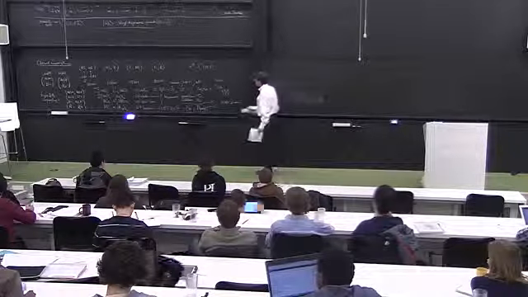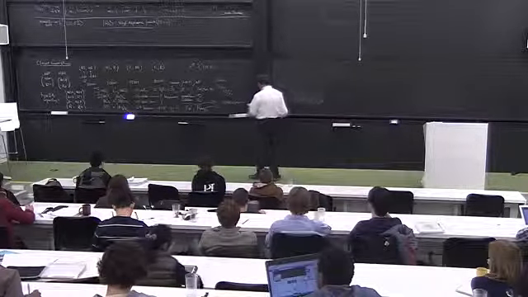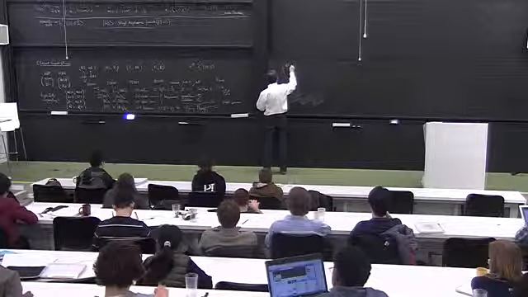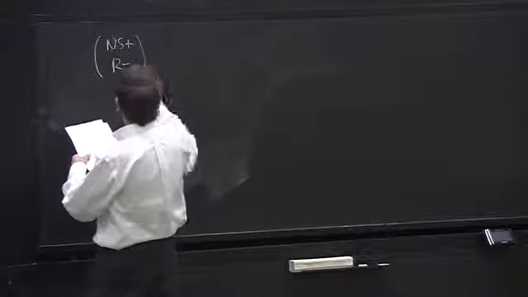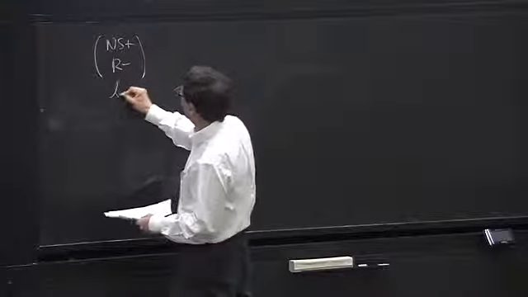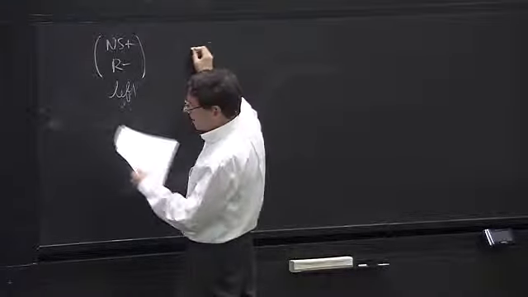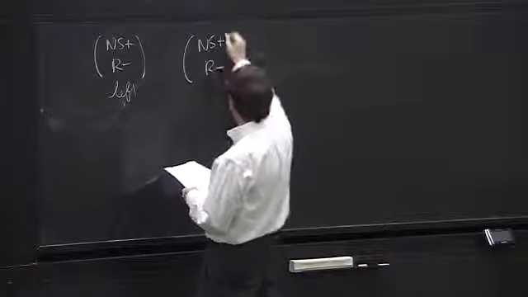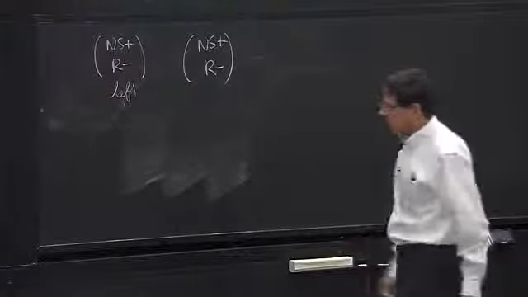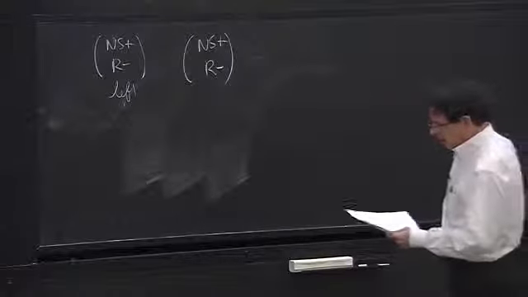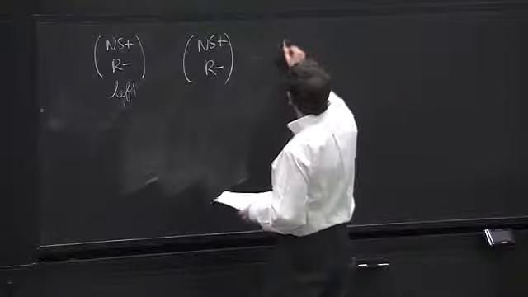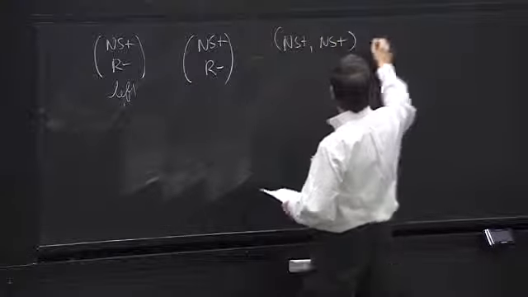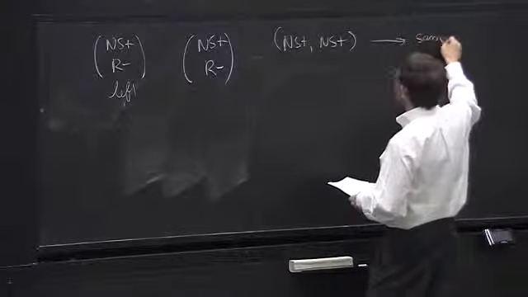So the other superstring is obtained by combining NS plus with R minus on the left. So that's the same as that, but then here NS plus with also R minus, not a different fermion, but the same one. So the NS plus sector is just the same as before.